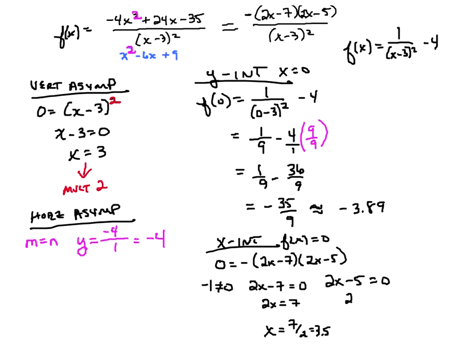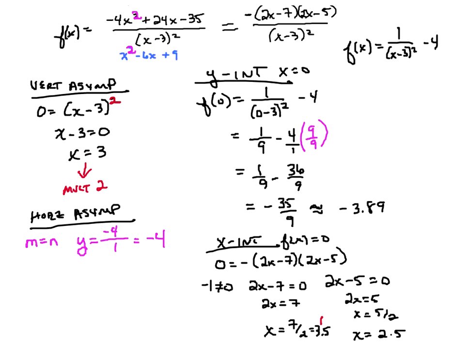So add 7, and that's 2x equals 7, divide by 2, so x equals 7 halves, which is 3.5. Or I add 5, 2x equals 5, divide by 2, x equals 5 halves. That is the same thing as 2.5.